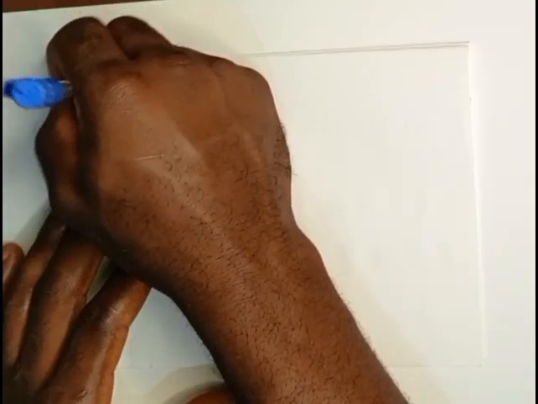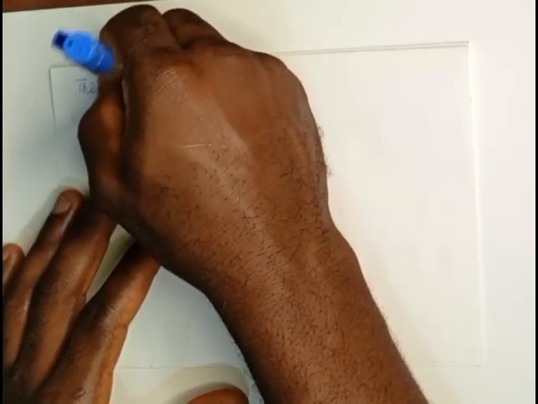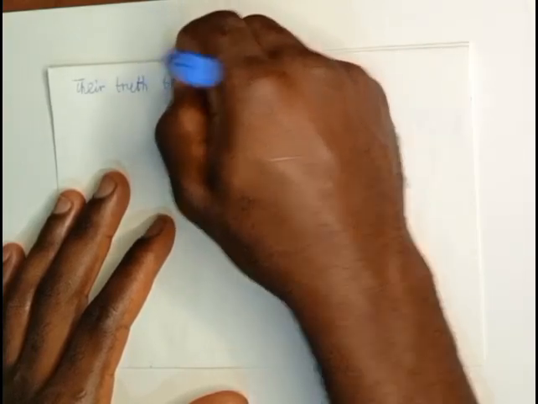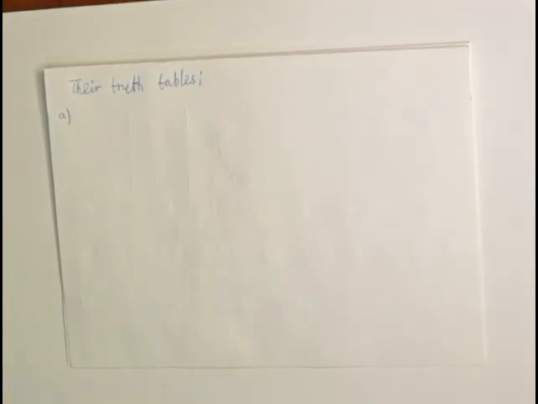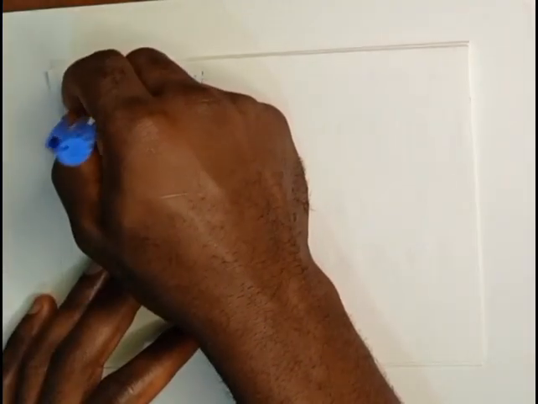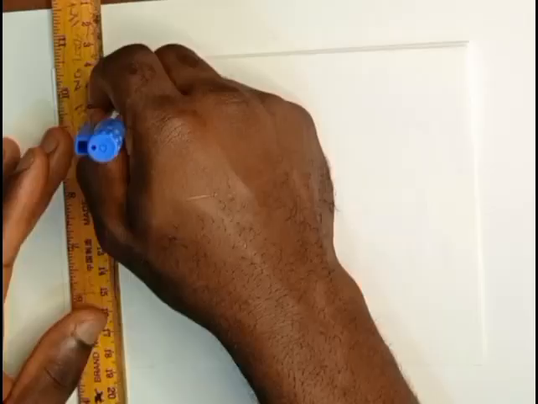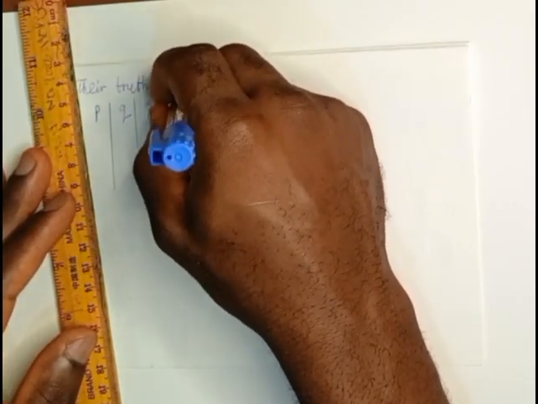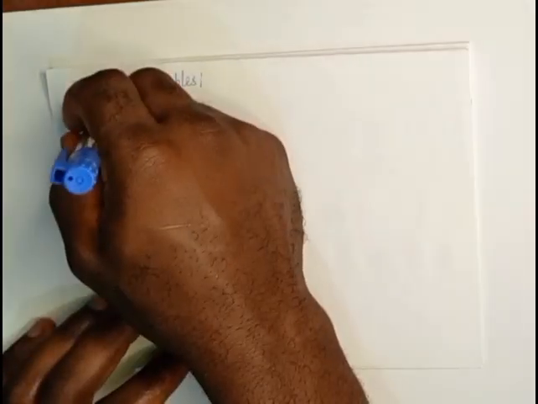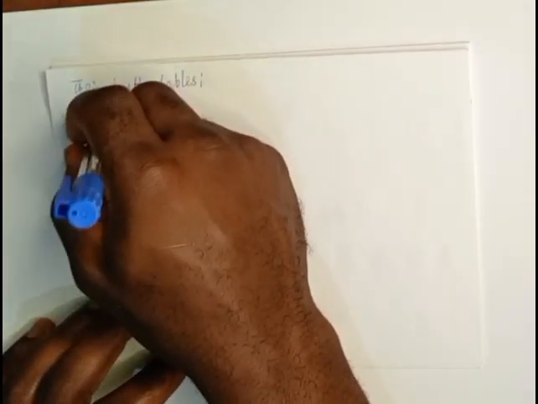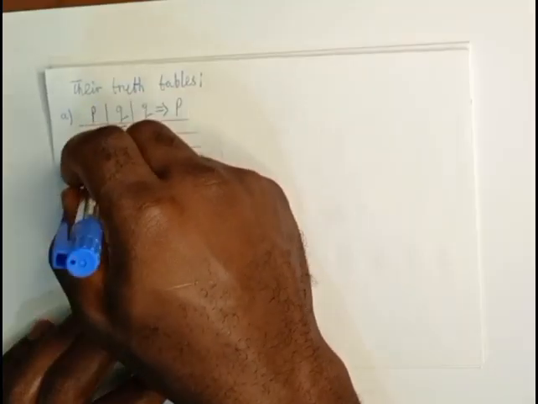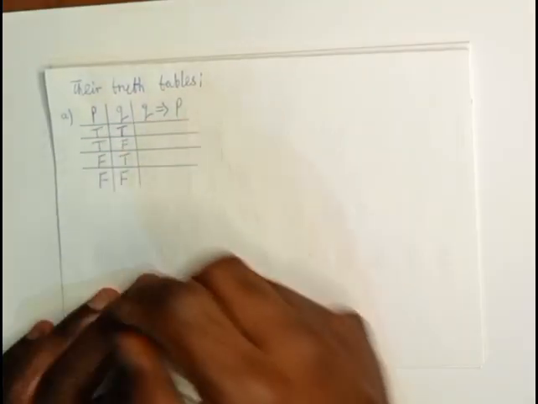Then write down their truth tables. For A, the truth table, we have the statements P, Q, Q implying P. The two statements are: true, true, false, false, true, false, false.